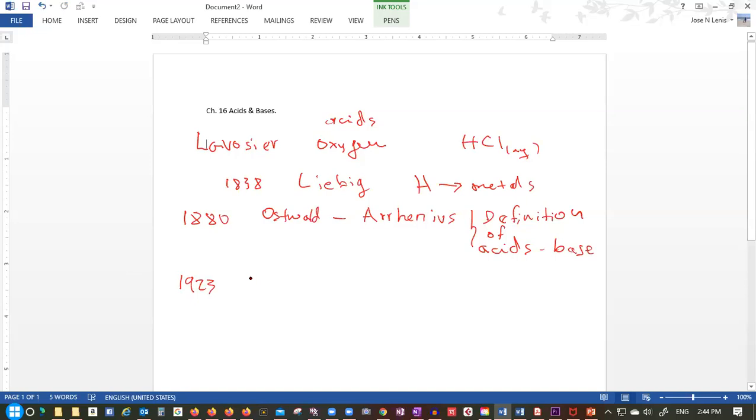Talking about Bronsted and Lowry, Danish and English, they came to the same idea or definition of acids, but they were working independently.